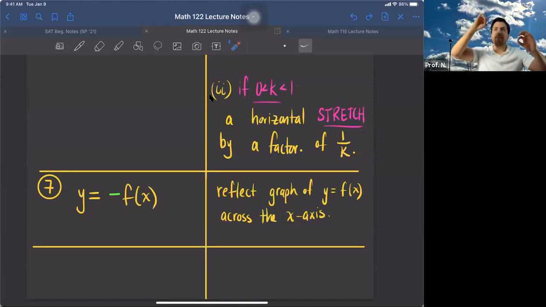Graphically, what does that mean? If you choose a point up here and you flip just the y value, you're over here. You're reflected across the x-axis. So that's why it makes sense that when we put this negative symbol on the outside of the function, you're negating every y value, which is graphically the result of reflecting it across the x-axis.